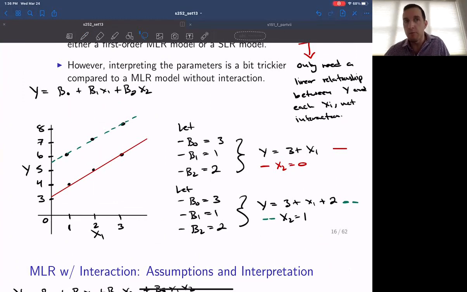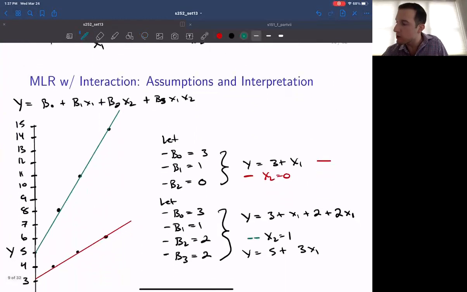So in the first case, when we don't have interaction, when I let x2 change, the slope of y and x1 is exactly the same. So regardless of the value of x2, I always have the same slope for x1. The y-intercept changes, so the line will move up or down the y-axis, but the slope is identical. So you have sets of parallel lines.